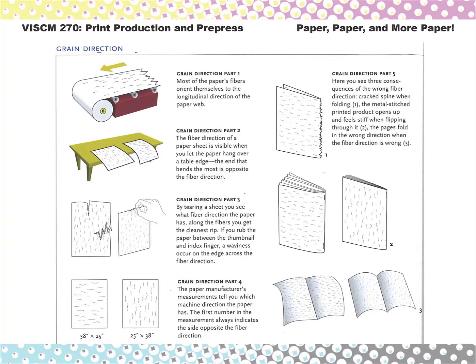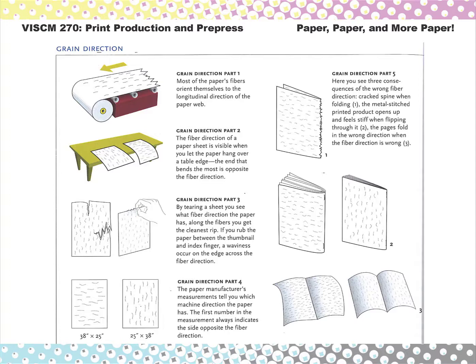The main effect that has for you and for the printer is when it comes to folding, and a lot of printed material gets folded somewhere. If you fold against the grain, it's going to crack. So printers need to know the size of your artwork, where it's being folded, and how it's going to fit on their press sheets, and what the grain of the press sheets is.